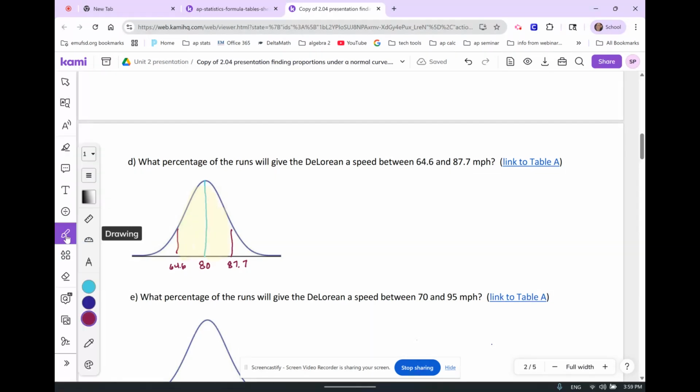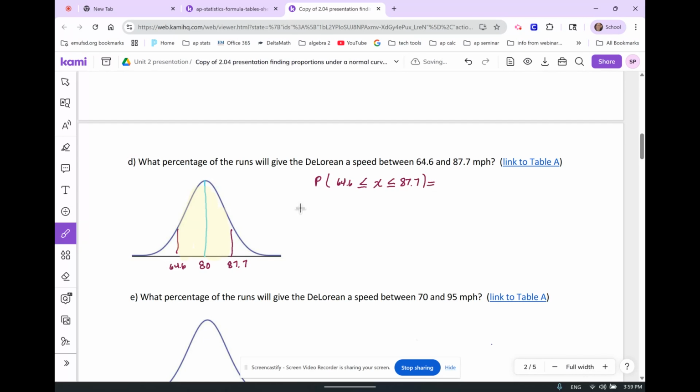Let me get my drawing tool. So the probability that your data value, your x, is between 64.6 and 87.7. So we're going to have to convert both of those to z-scores.